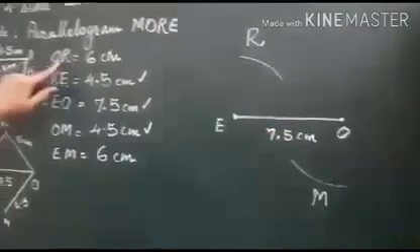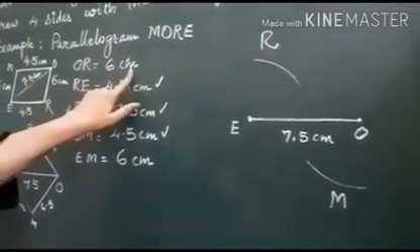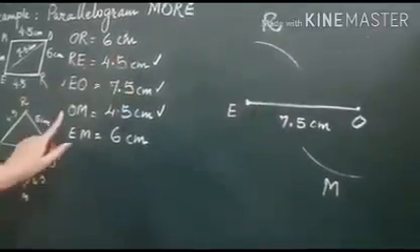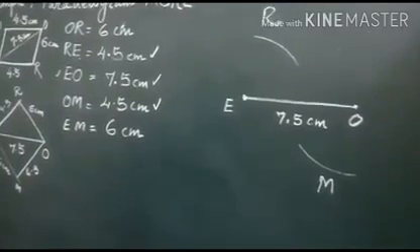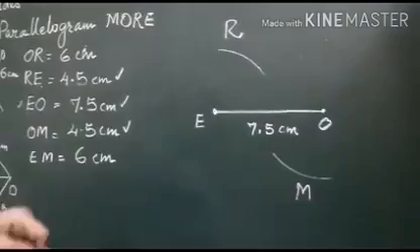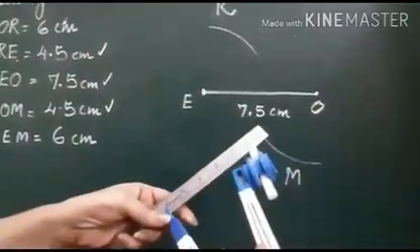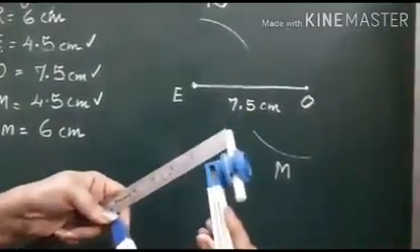Now from O, we'll draw 6 centimeter. OR equals 6 centimeter. Similarly, EM 6 centimeter. So first, take a radius of 6 centimeter in your compass, keeping at 6 and 0 of your centimeter scale.